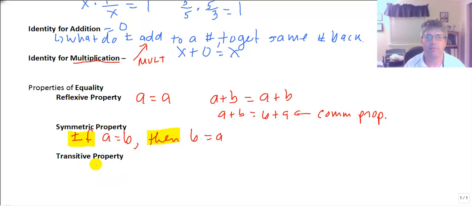And then the transitive property, well, you saw this in grade school, the transitive property of equality. It's a linking, okay? This is a linking. It's kind of a chain of reasoning. You'll use this quite a bit in geometry.